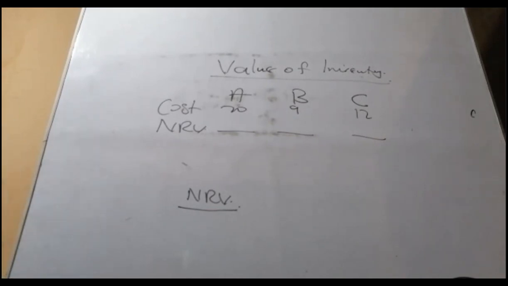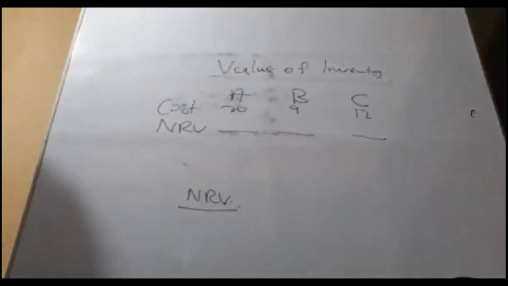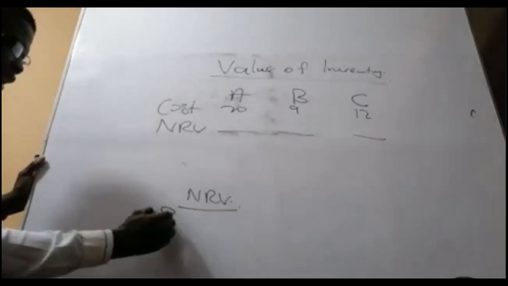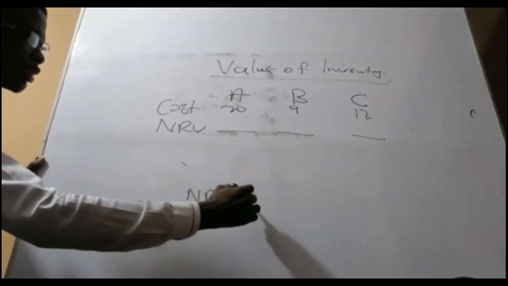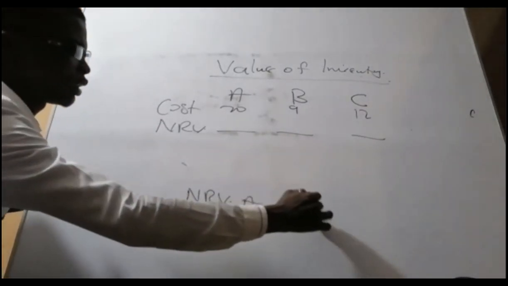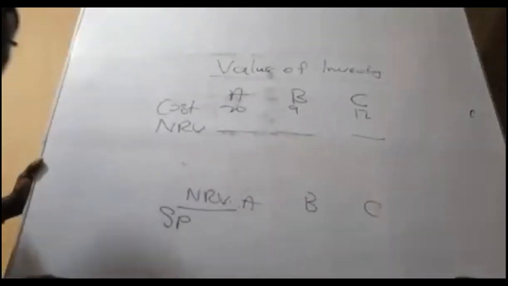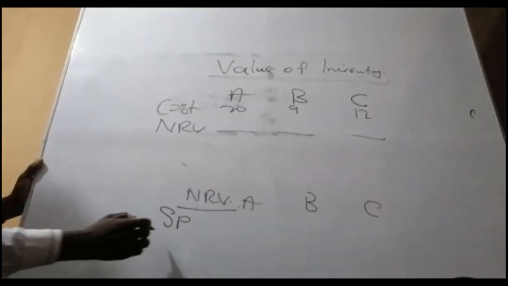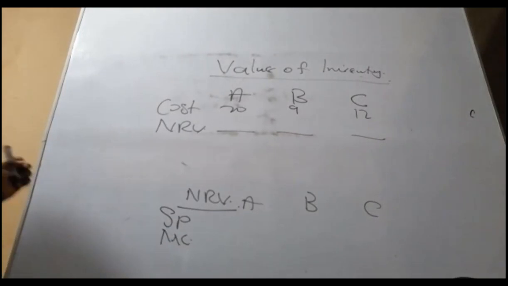The cost to complete is sometimes called modification cost. You have to modify the product, change the packaging, to suit the customer's preference. So here the selling price will come. Let's write A, and then B, and then C. And then the modification cost. In this question, all have modification costs.